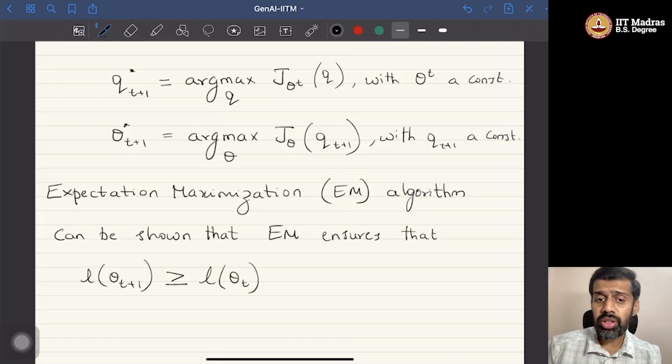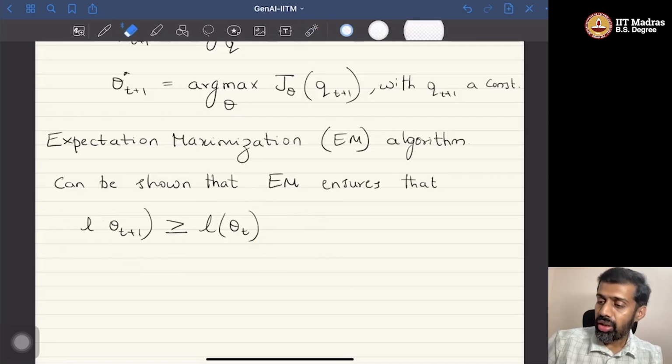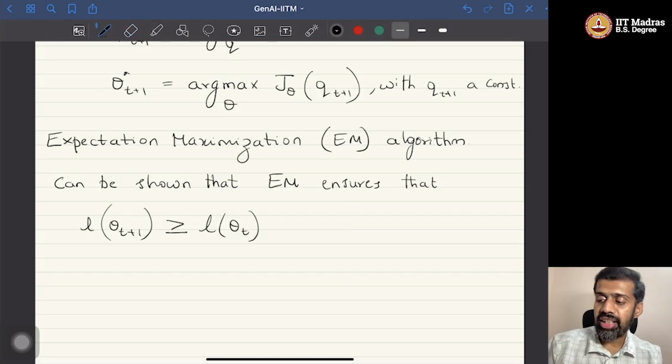So I'll not show the proof here for want of time. What can be shown is that the likelihood function that we would want to optimize will not decrease if we find the theta and q in this particular manner using the EM algorithm. While this will not guarantee that our likelihood would increase when we do this, it can be guaranteed that the likelihood would never decrease.